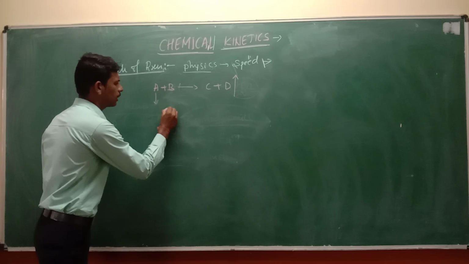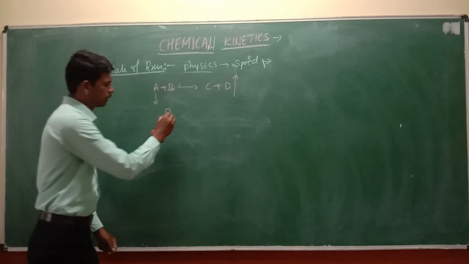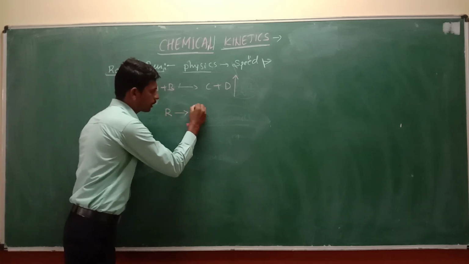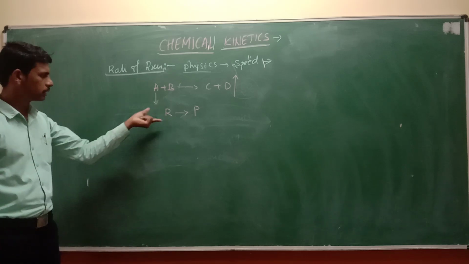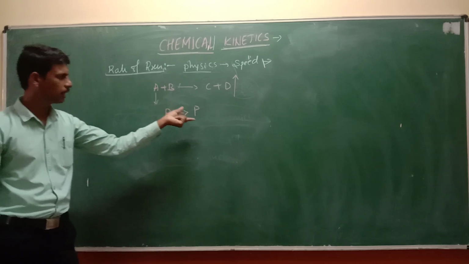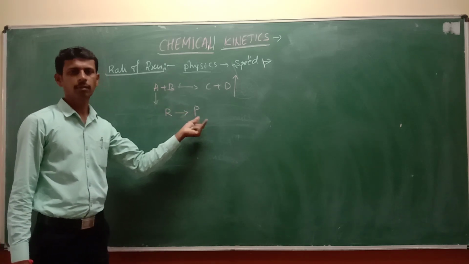Generally, you write the reactant as R and the product as P. It is the change in concentration of the reactant or the change in concentration of the product.